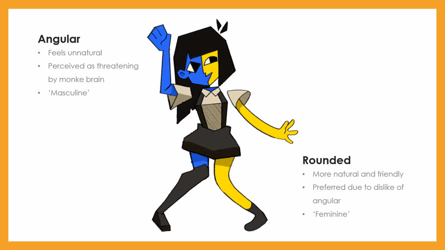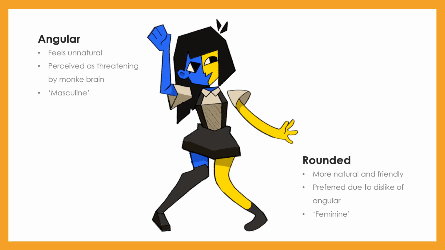This is also broken down more in line shapes as well, which is mostly subdivided into angular and rounded. Angular feels a lot more unnatural and threatening for monkey brain, because you don't see sharp objects that often in the wild. And if you do, it's like, oh no, it's pointed at me, it's going to come.